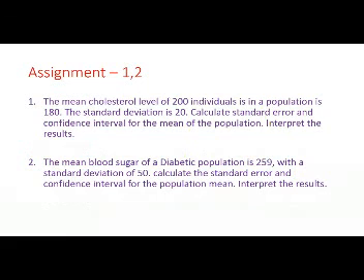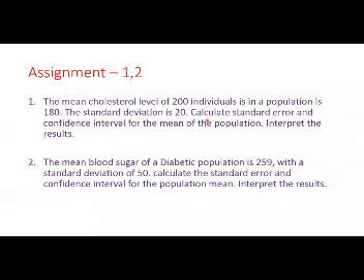That's all about these tests of significance, which is the inferential statistics. There are 3 assignments for you. Number 1 is: the mean cholesterol level of 200 individuals in a population is 180.